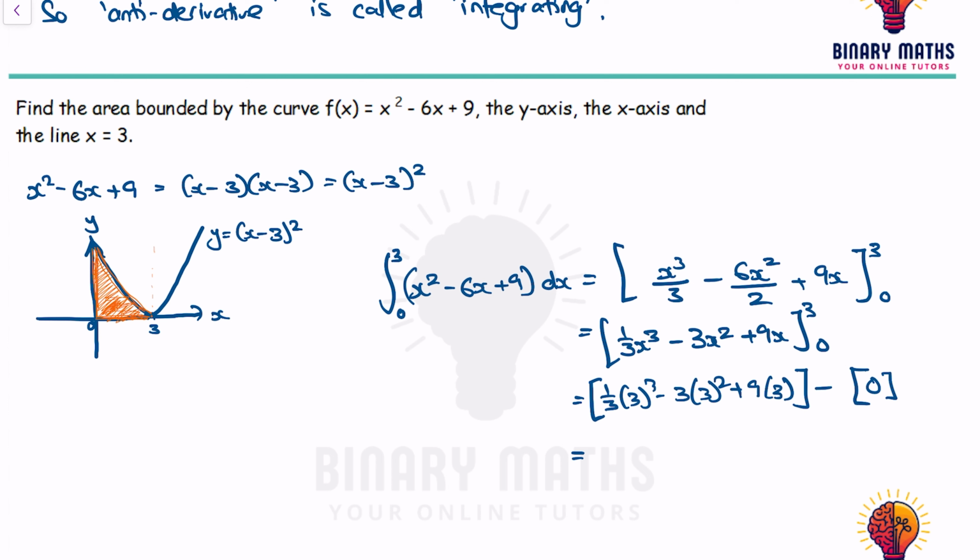What you end up getting is the first term is 9, second term is minus 27, plus 27, which gives me a total of 9. Now you can write 9 units squared if you want, but 9 is enough. But if you want to, you can write 9 units squared because it's an area we're finding. So 9 is the answer for that.